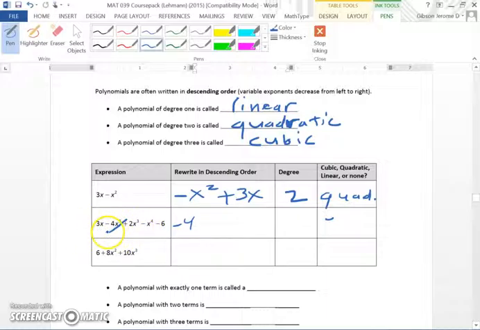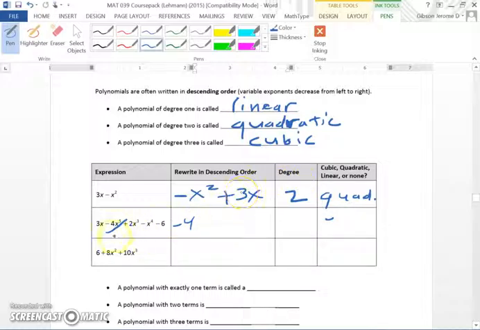Then next you would write plus 3x. And finally you would write minus 6. So this is how it should read after you wrote it down: negative 4x to the 5th minus x to the 4th plus 2x cubed plus 3x minus 6. That is what you should have in the rewrite in descending order.